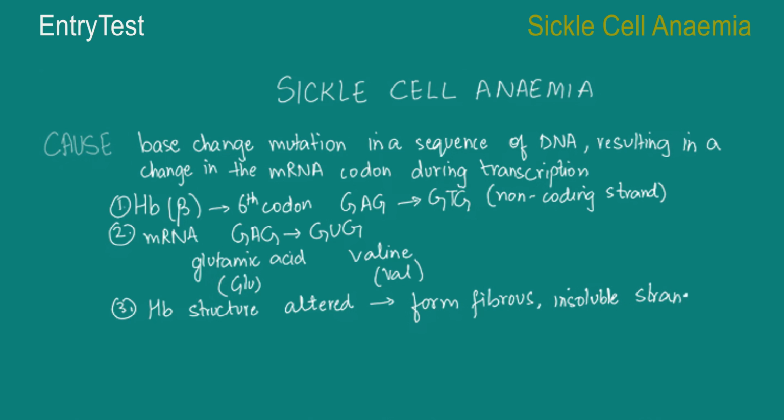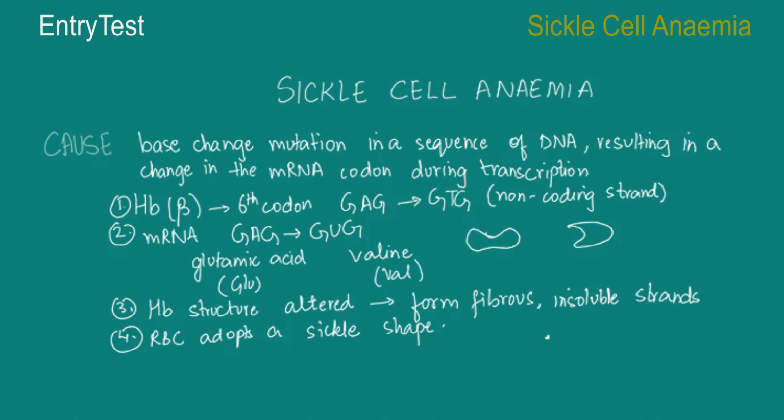It forms fibrous and insoluble strands. Due to this, the red blood cell adopts a sickle shape. That is how the disease gets its name, sickle cell anemia. So if the red blood cell, the original one, the correct one, looks like this, the sickle cell anemia cell would look like this. So it becomes sickle shaped.